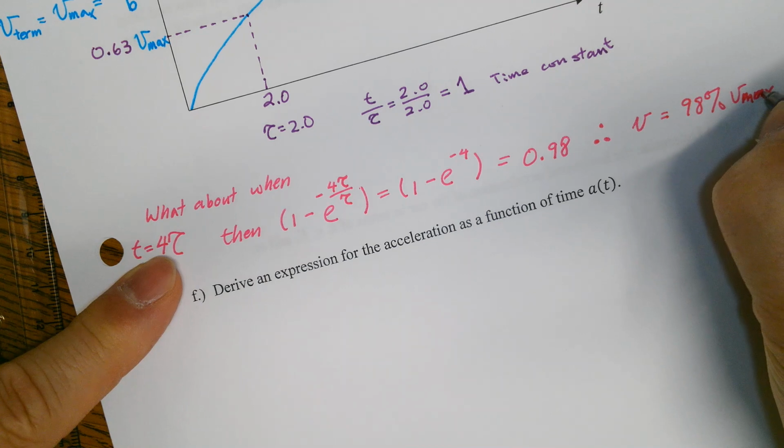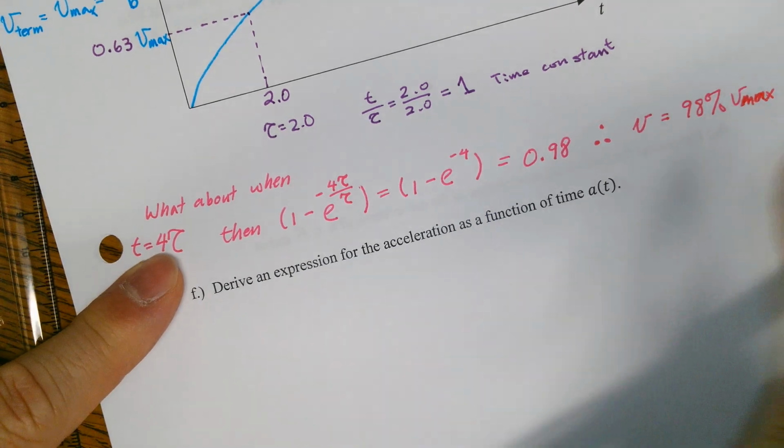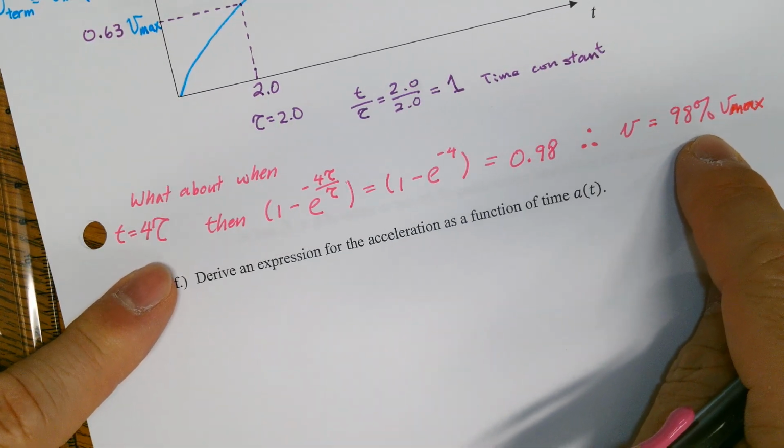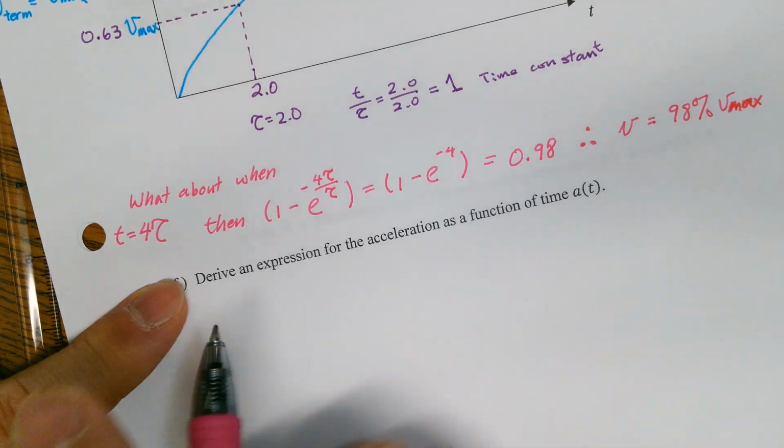So 98% of the Vmax is essentially the terminal velocity.